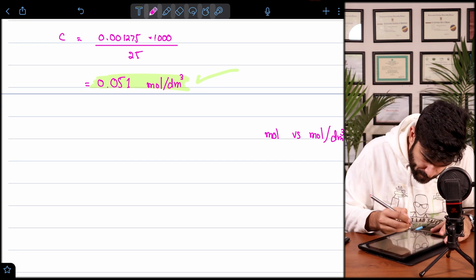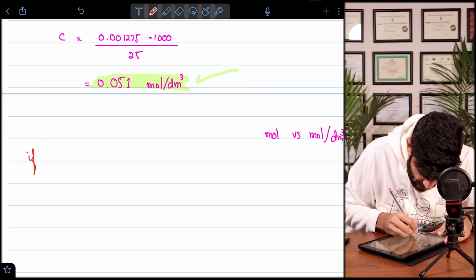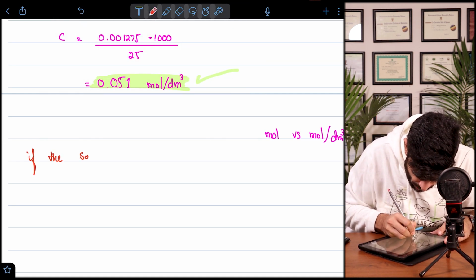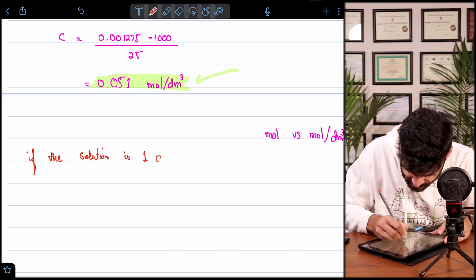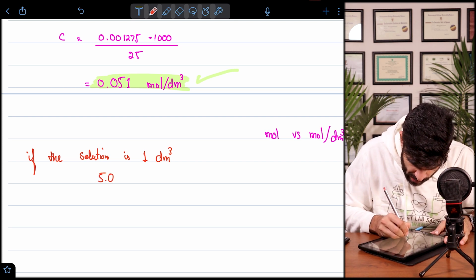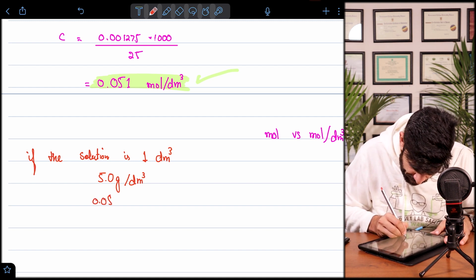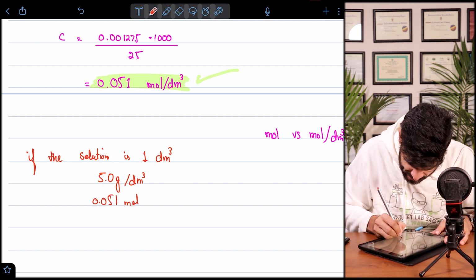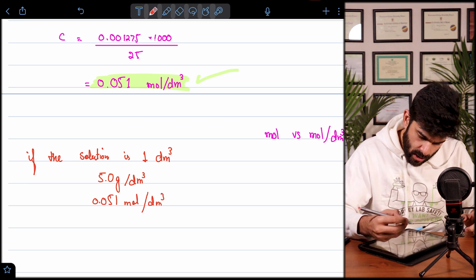So let's say the solution is 1 decimeter cube, so we have 5 gram per dm cube and we have 0.051 mole per dm cube. There is only one formula.